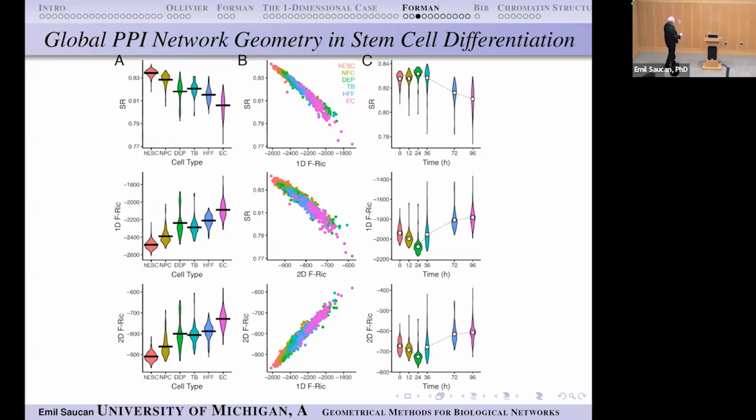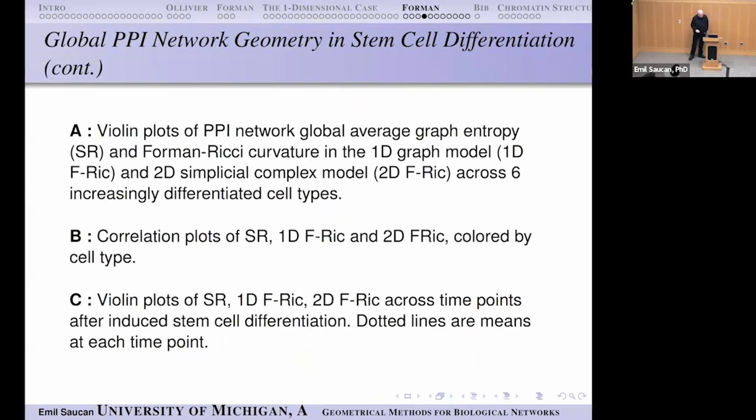And the same phenomenon happens when you go in stem differentiation, how these things evolve when you go down in the Waddington landscape. There is an explanation; if you want, you can read the paper.